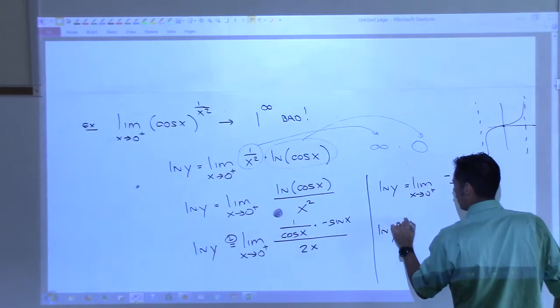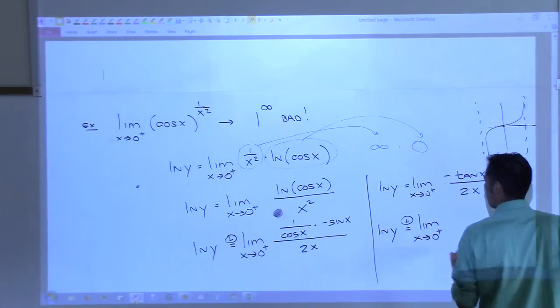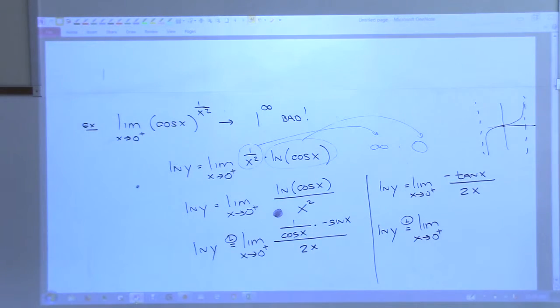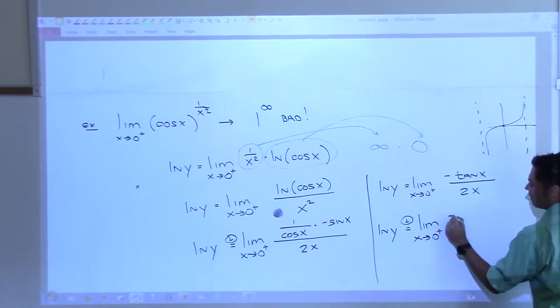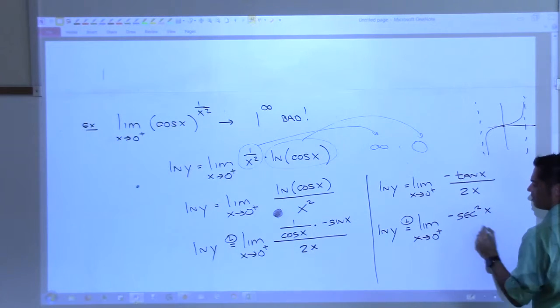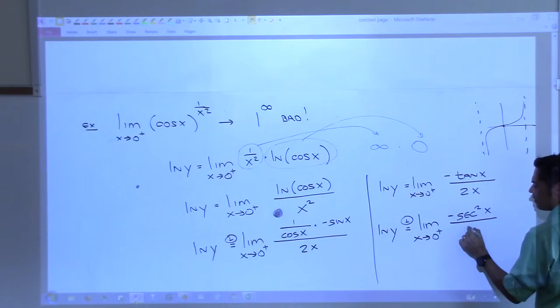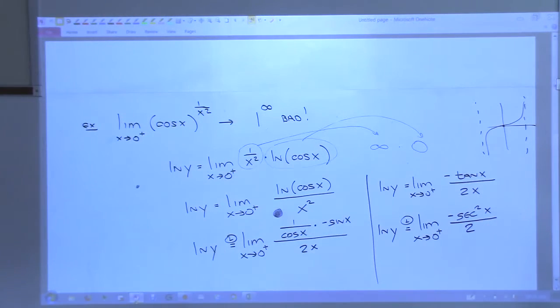That was one of the great things about L'Hopital, is that you could repeat it so long as you still have the form. What is the derivative of the top? Negative secant squared x. Derivative of tangent is secant squared, but we had a negative up there. And what's derivative of 2x? 2. Try it again. What is secant of 0?